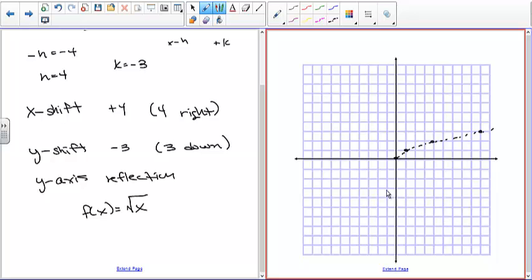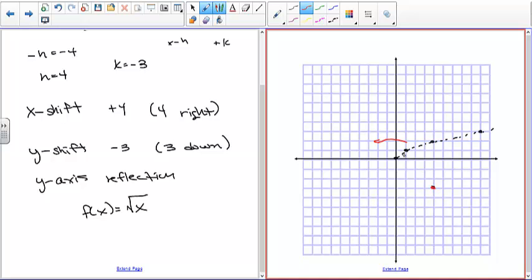Now, I'm going to shift 4 in x, -3 in y. So that's my new starting point. And this is going this direction relative to the y-axis. So I'm going to go the other direction. I'm going to go this way. I'm still going to go up because I'm reflecting across the y-axis. So I should go like that.